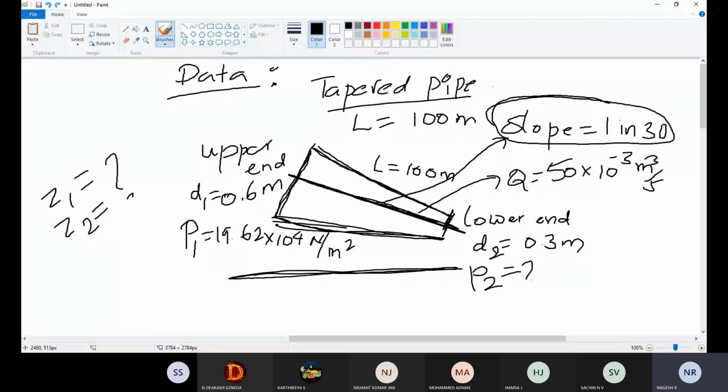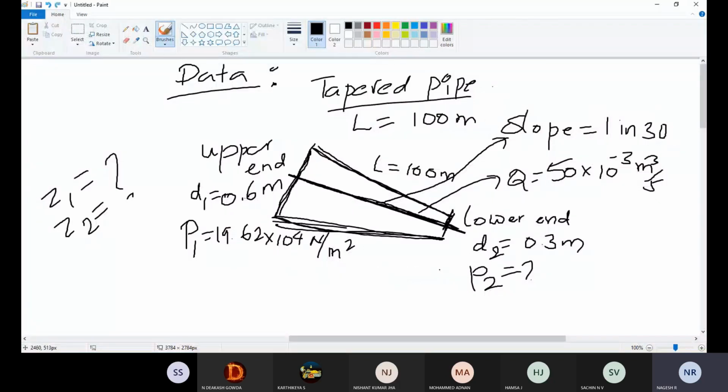But in this case, I am unable to do that. So I will take the lower end term as 0. I will consider the datum line over here itself.